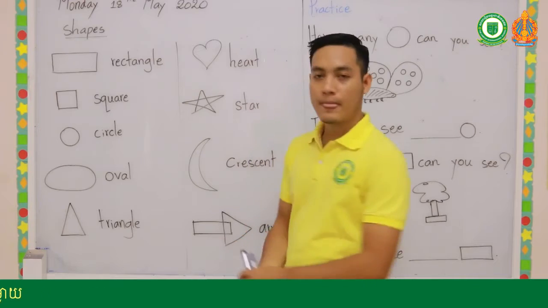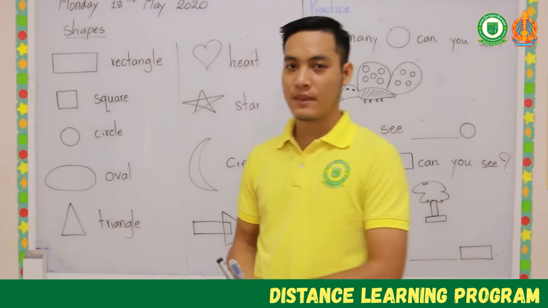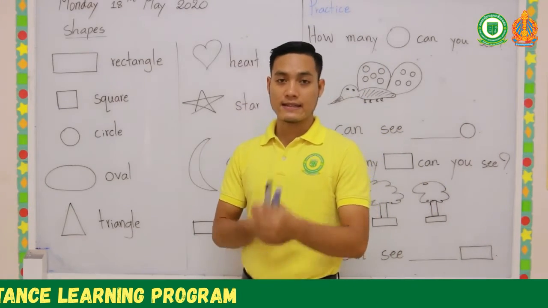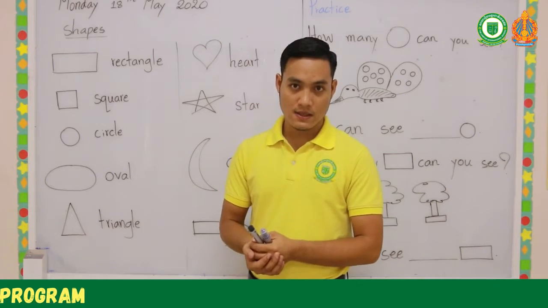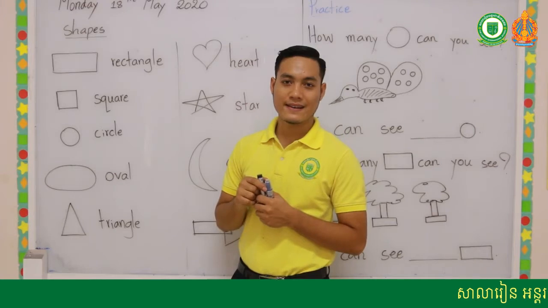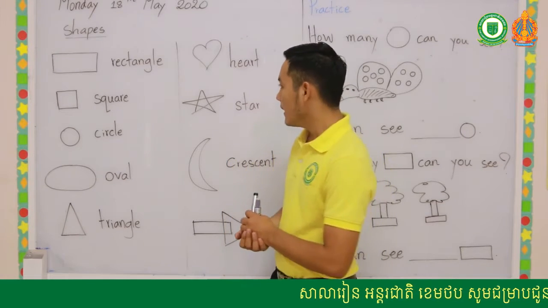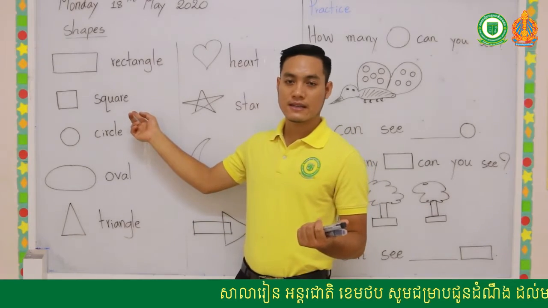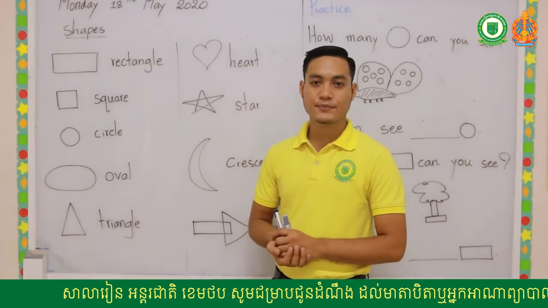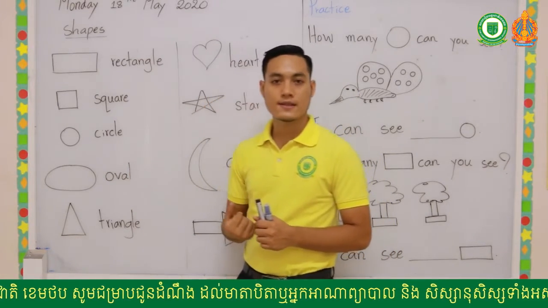So what you learned in the first video was some words that relate to shapes. The first word is rectangle. And the next word is square. Square. All right. And another one is the word circle.